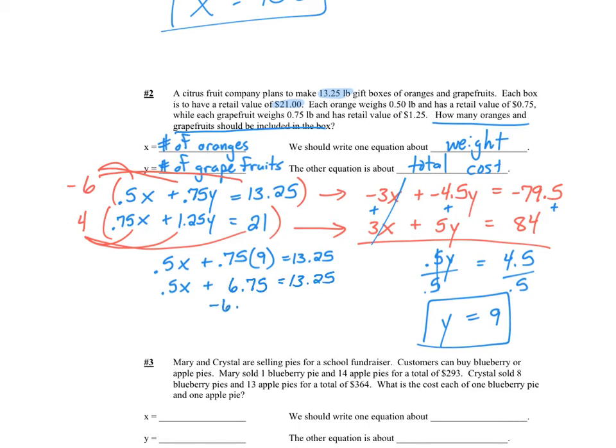I mean minus 6.75. I'm going to get 0.5x equals 6.5. Then we divide by 0.5. So x equals 13. So 13 oranges and 9 grapefruits would make it a $21 basket, and it would make it 13.25 pounds.